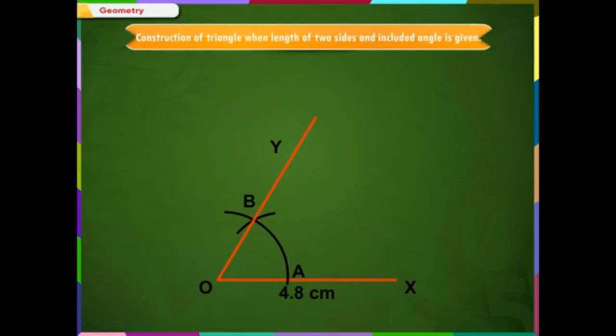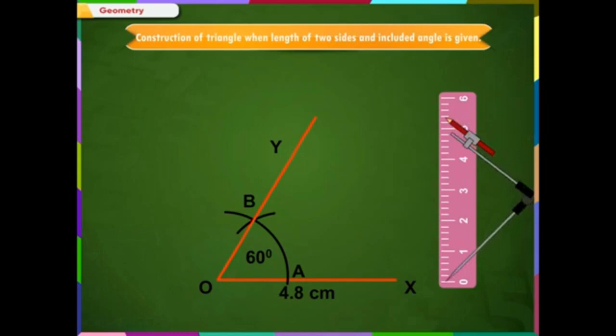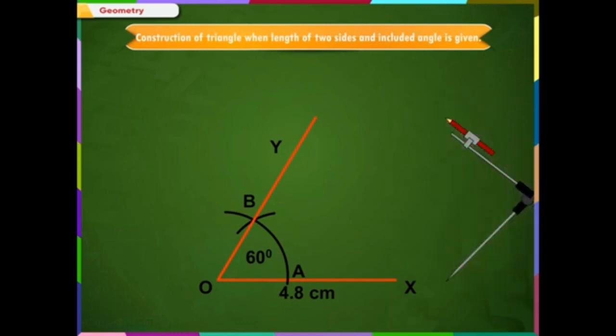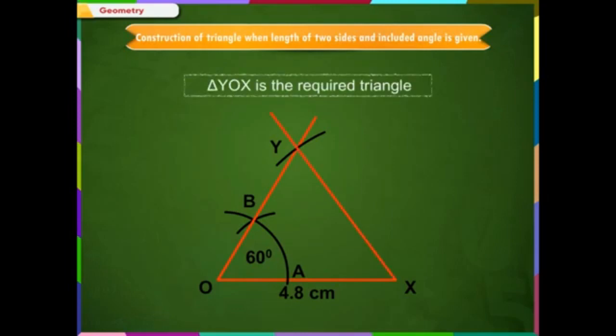Angle YOX is equal to 60 degrees. Step 4. Take the compass and measure 5.2 cm using a ruler. Taking X as center, cut an arc on the ray OY. Step 5. Join Y and X. Triangle YOX is the required triangle.